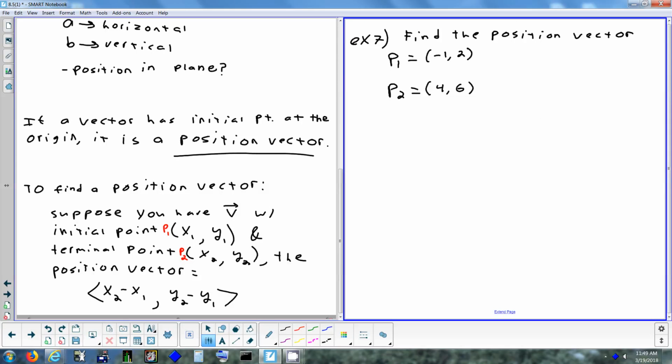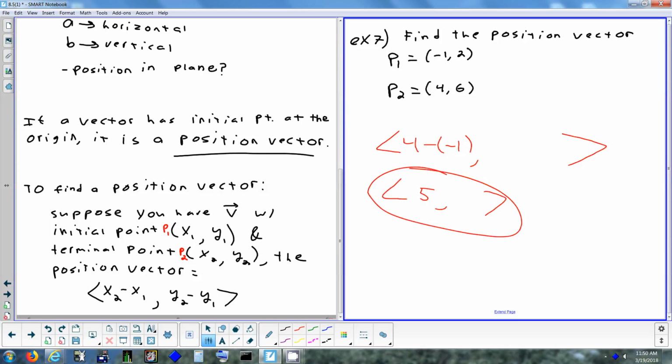That comes after terminal. So AJ, what's going to be my calculation for the x component? 4 minus 1, which will be 4 plus 1.